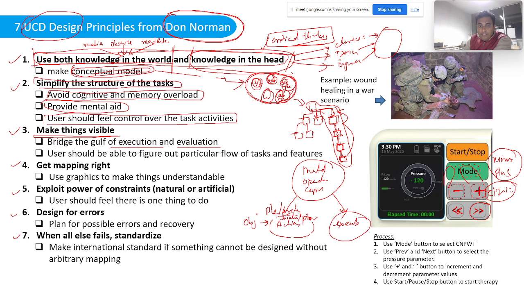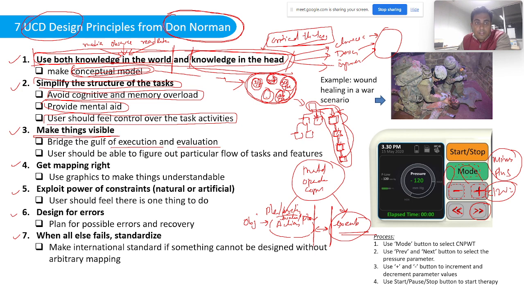Between the evaluation and the execution, this is what is called the gulf of execution and evaluation. If a particular user cannot figure out a particular interface, or the way a task needs to be performed, or the way of navigating that interface, then that task will not be executed.